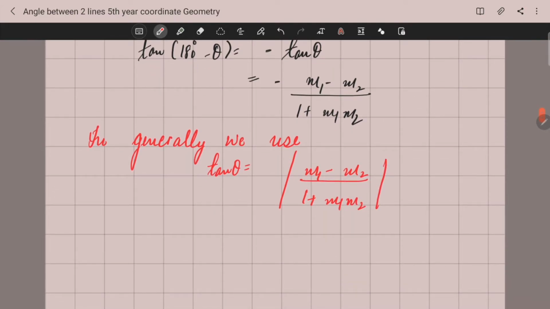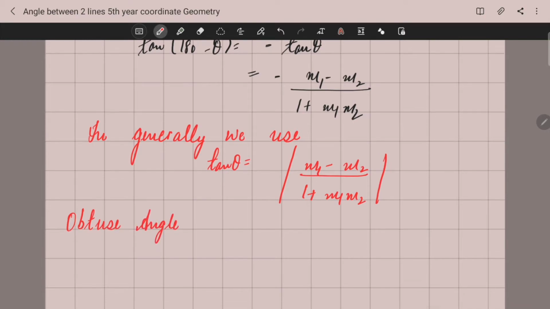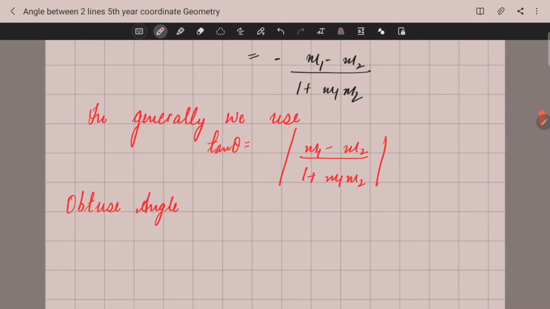This is for acute angle. If we have to find for obtuse angle, then what we have to use? Whatever theta we are getting, we just subtract from 180 degree: 180 degree minus theta.